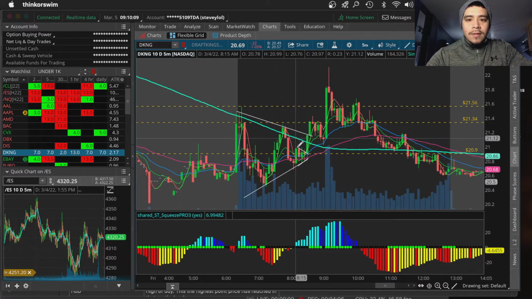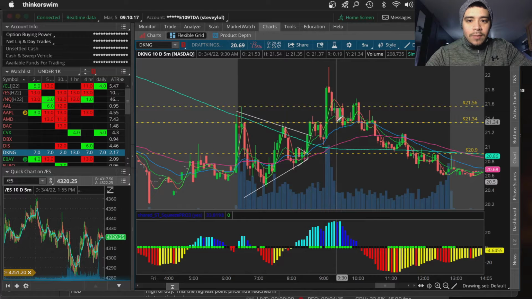You're using this to determine where price will go in the future based on historical movements. Like the support and resistance lines, they happened in the past. They happen here, not here. Okay, so that's it in a nutshell.